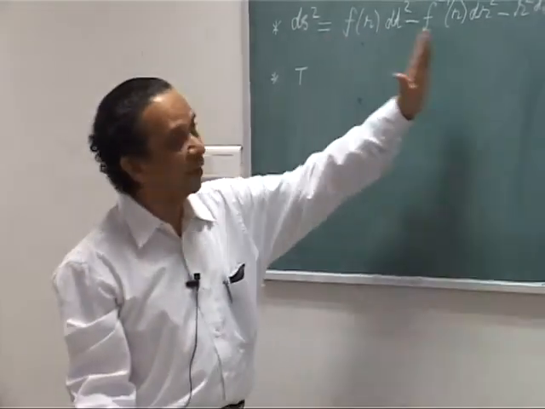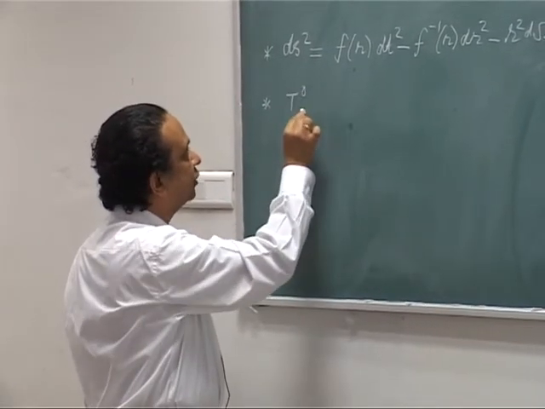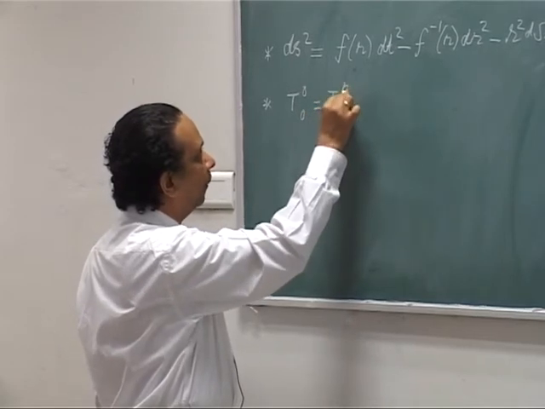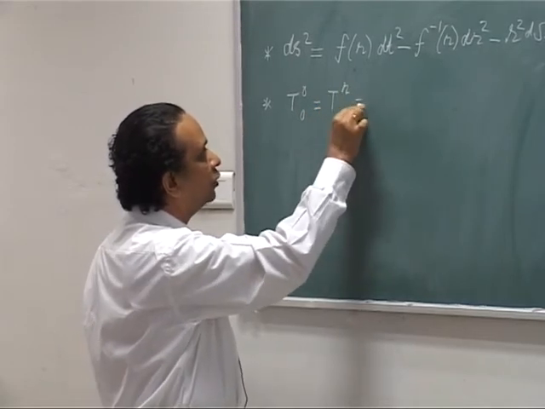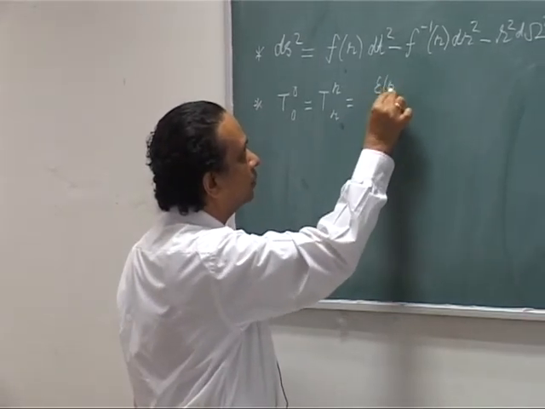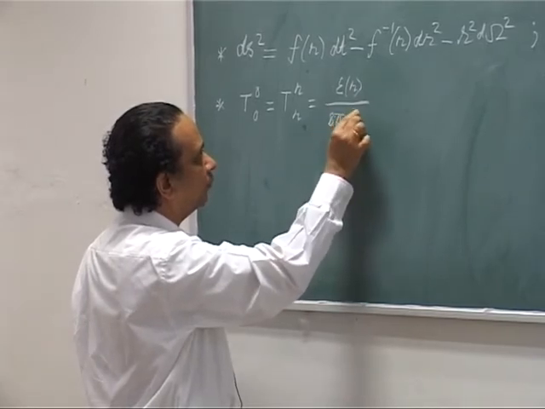Let us just look at this metric. This metric is a source with T00 equal to TRR equal to, let us say, some epsilon of r divided by 8 pi G. This is just for convenience.